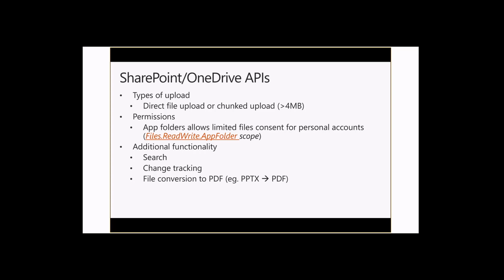There's additional functionality in the form of being able to search across files, do change tracking using Delta tokens, so you can see exactly what files have changed from one point to another, and even some file conversion. You can take a PowerPoint and convert it to a PDF, or take an Excel document and create a PDF out of that. This is really intended for custom data that's in a file-based format.